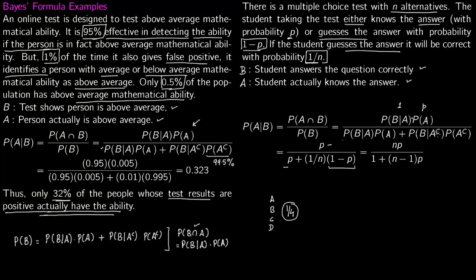So probability of B given A complement: the student answers the question correctly, but he does not actually know the answer. A complement is he does not know the answer, but he answers it correctly. So that probability is 1 by n. He just picks one alternative out of n, and that comes out to be correct. So that is 1 by n. So probability of A given B is np over 1 plus (n minus 1)p.